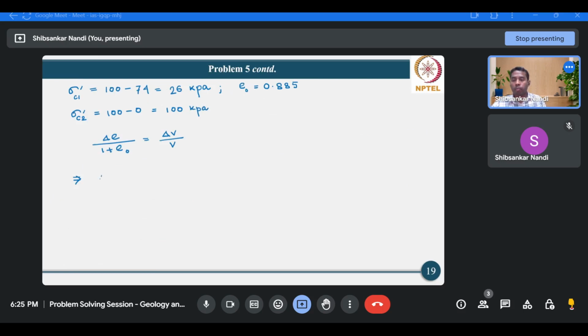Therefore delta e would be 1 plus e0 times delta V by V, that is 1 plus 0.885 multiplied by 0.12, so 0.23.